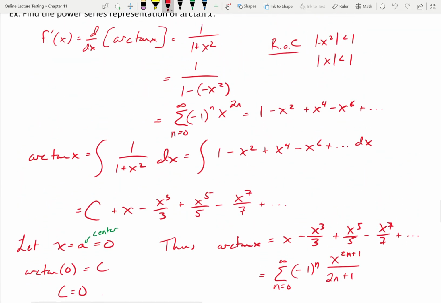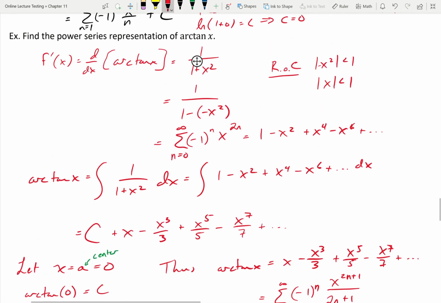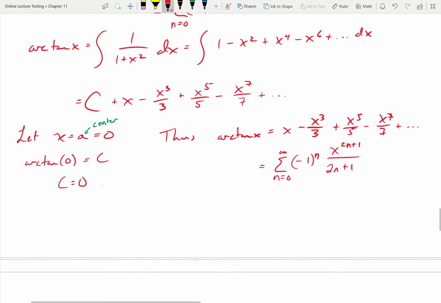And again, if we integrated this series, look what happens. We get x to the 2n plus 1 divided by 2n plus 1. And again, its radius of convergence is 1.